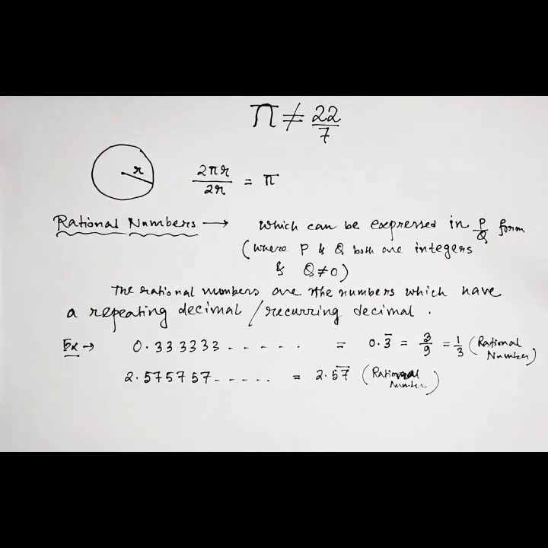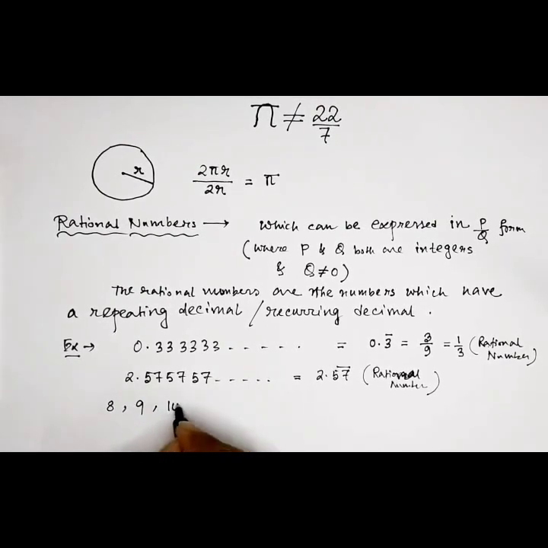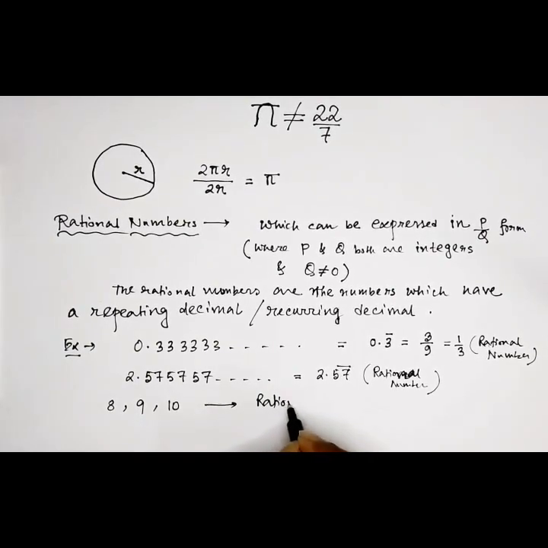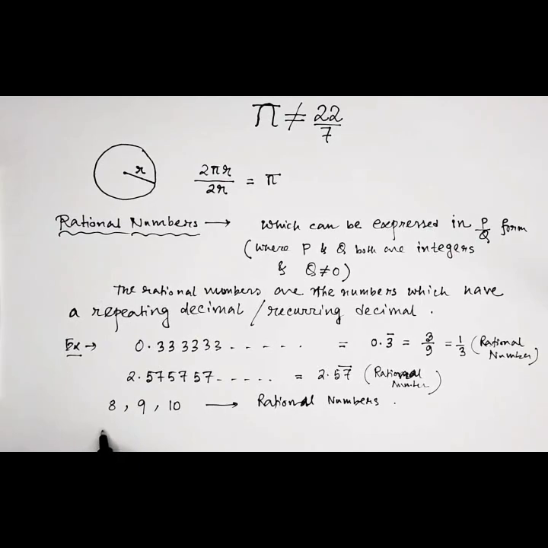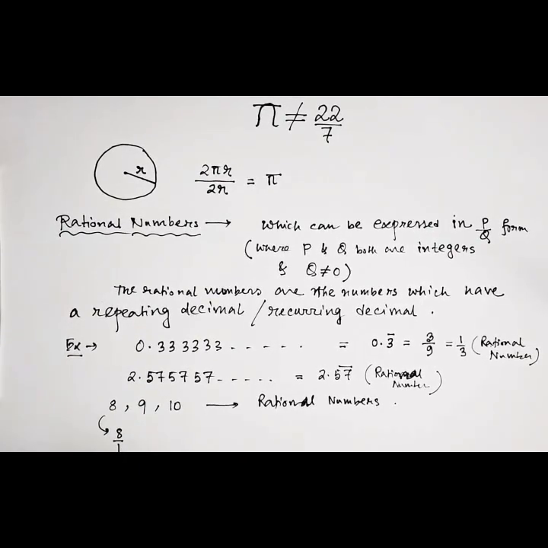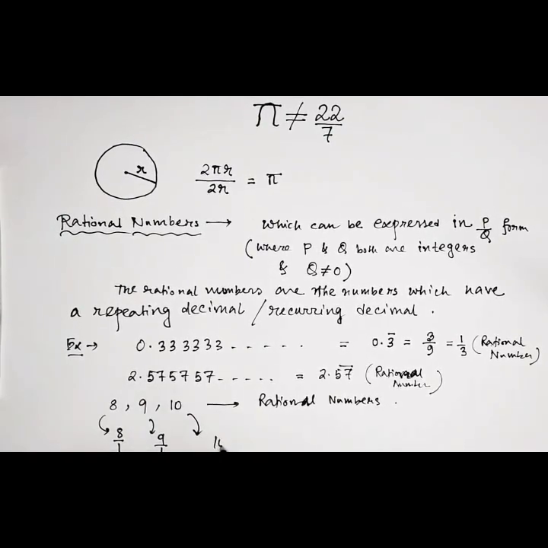Similarly, the whole numbers like 8, 9 or 10 are also rational numbers, because these whole numbers can be expressed in P by Q form. 8 can be expressed as 8 by 1, 9 as 9 by 1, 10 as 10 by 1.